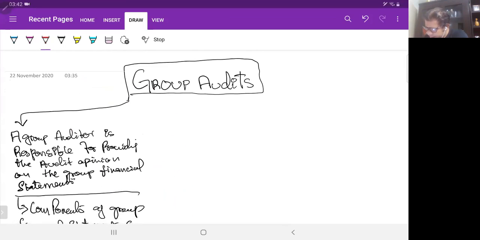Now we will look at the objectives of the group audits.